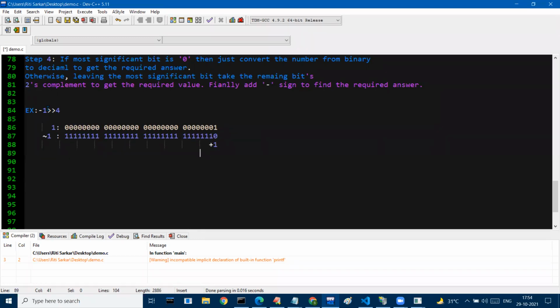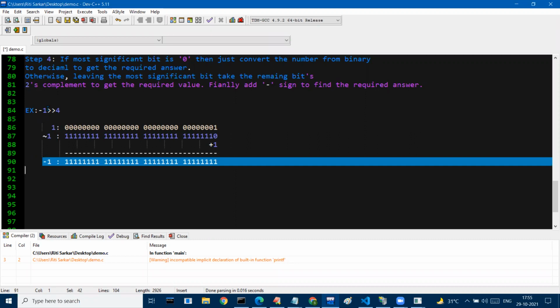Plus 1. Now you see, plus 1. What is this? After taking the addition, all 1s, na? So that means the 2's complement is nothing but the negative number representation. This is nothing but your -1. So -1 means all are 1, sir.